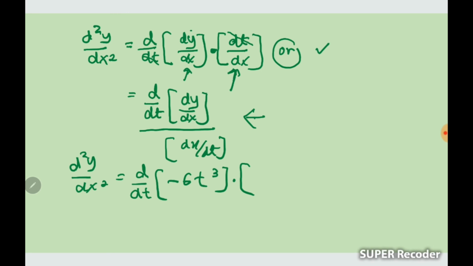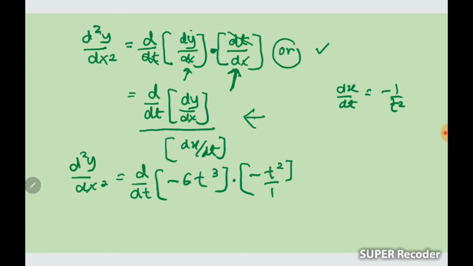What is the value for dt dx? dx dt is negative 1 over t squared, so dt dx, you bring t squared up, so negative t squared over 1.